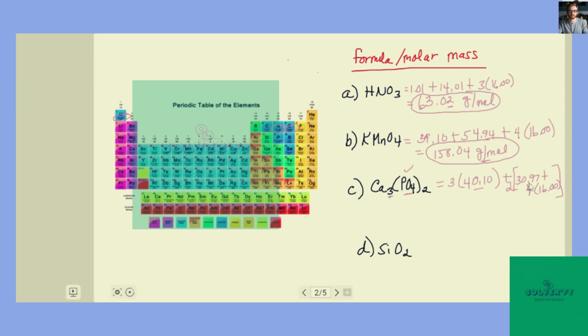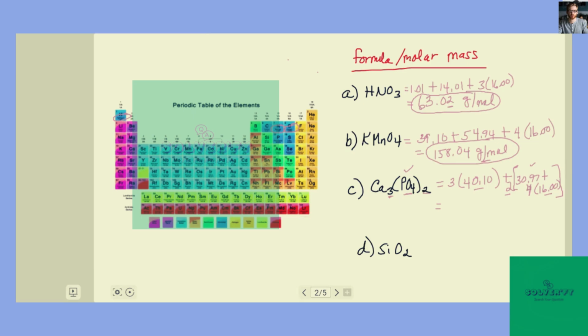So the phosphorus is 30.97, and we have 4 oxygens in the formula. And we know oxygen is 16 grams per mole, but we'll multiply that by 4. Now this entire mass that's in the brackets here has to be doubled according to the formula. And so that is going to give us, when we add up all of these numbers, the overall formula mass for calcium phosphate.